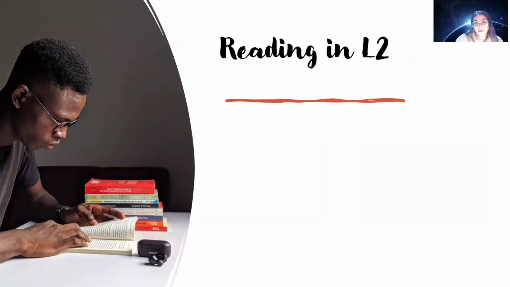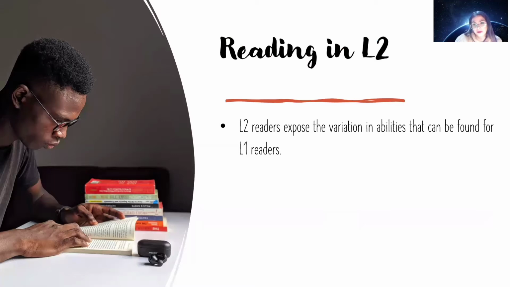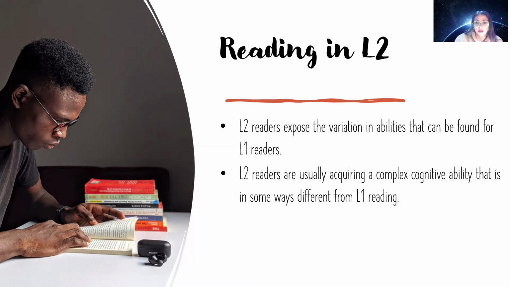There are further complexities for second language readers. They expose the variation in abilities that can be found for L1 readers, variation in training, age, schooling, socioeconomic level. They are usually acquiring a complex cognitive ability that is in some ways different from L1 reading.